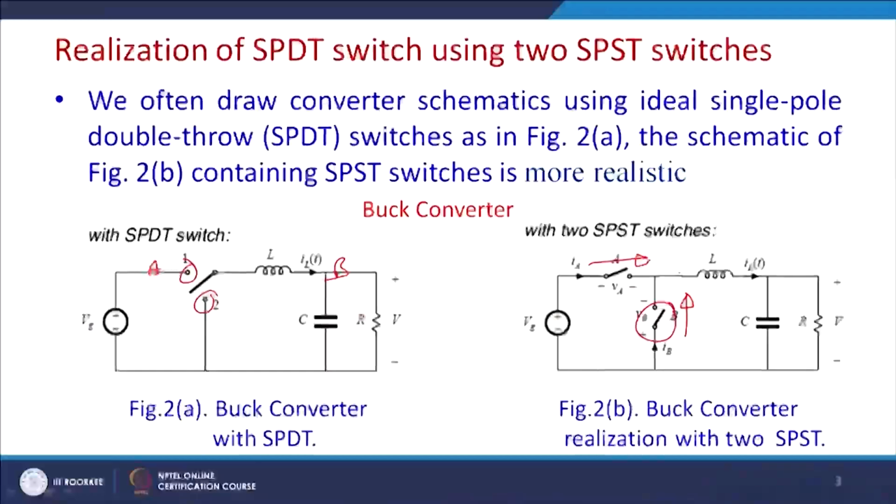But generally, most semiconductor switches allow current to flow in this direction, not in this direction, and similarly current will be allowed to flow in this direction and not this direction. So based on the quadrant of operation, we can put different kinds of switch.